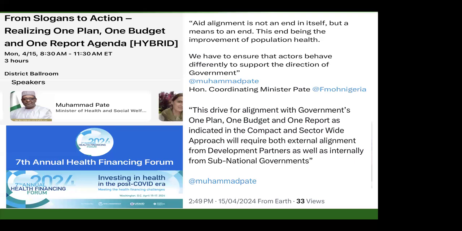This end being the improvement of population health. We have to ensure that actors behave differently to support the direction of government. And he went ahead to say that this drive for alignment with government's one plan, one budget, and one report, as indicated in the compact and sector-wide approach, will require both external alignment from development partners as well as internally from subnational governments. Thank you very much, colleagues, for listening.